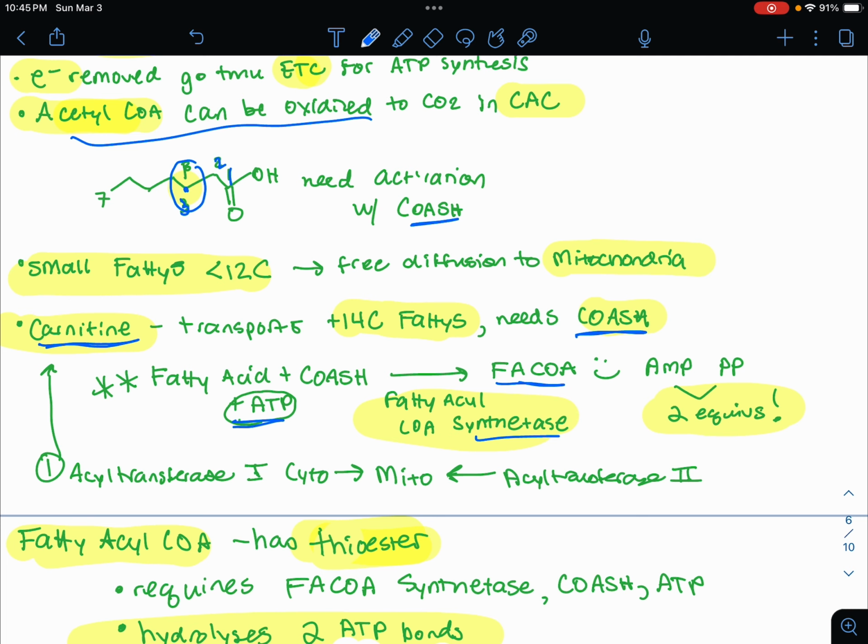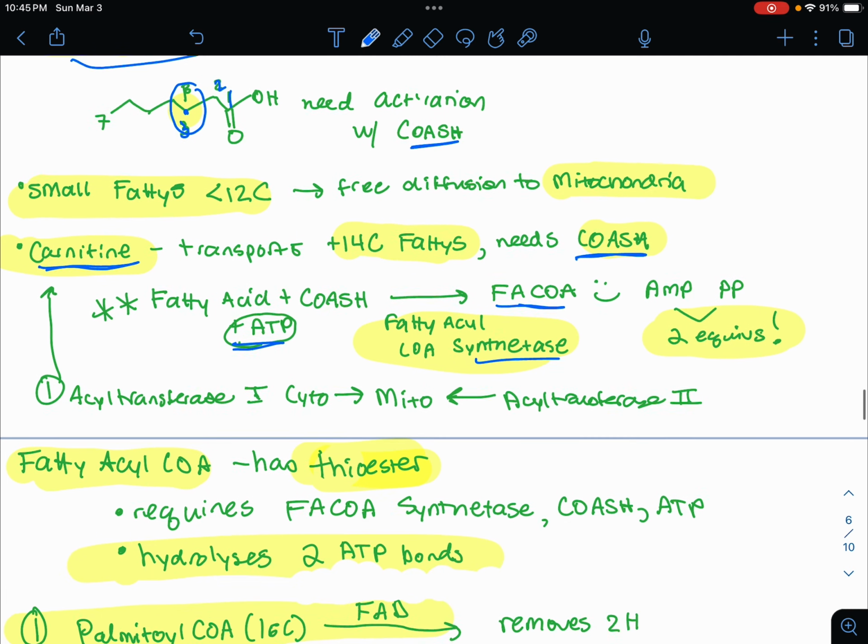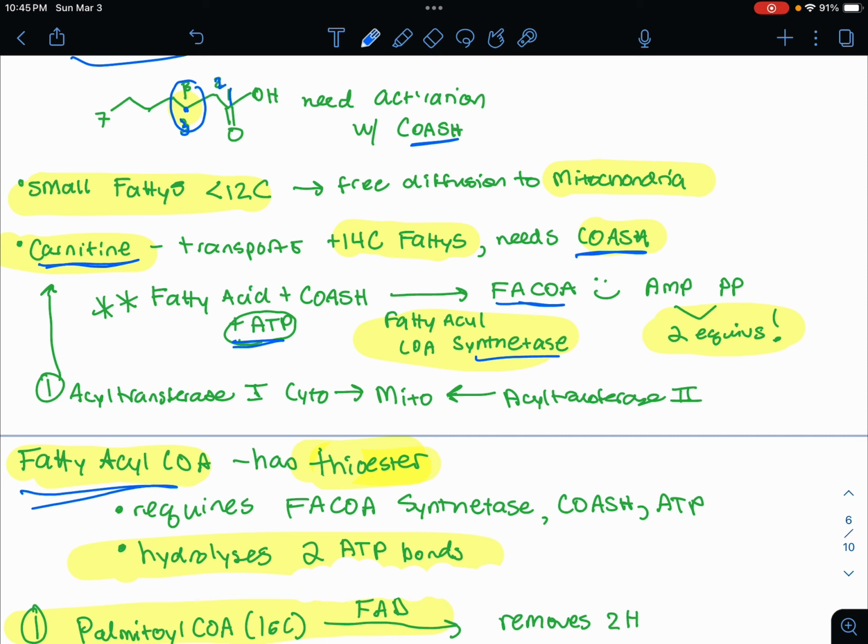Okay. Let's talk about that fatty acyl-CoA molecule now. This is the activated fatty acid. Again, you're going to take the fatty acid plus the CoASH plus ATP. You're going to use fatty acyl-CoA synthetase. You're going to make fatty acyl-CoA, and then also AMP and PPi. This is from the 2 equivalents of ATP cut.